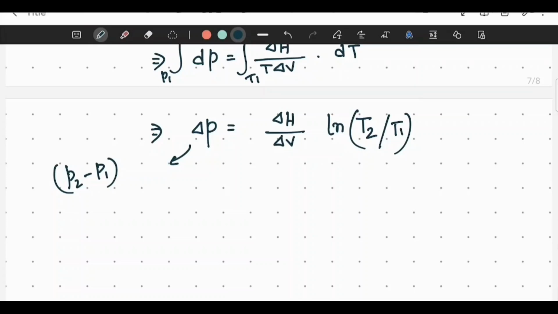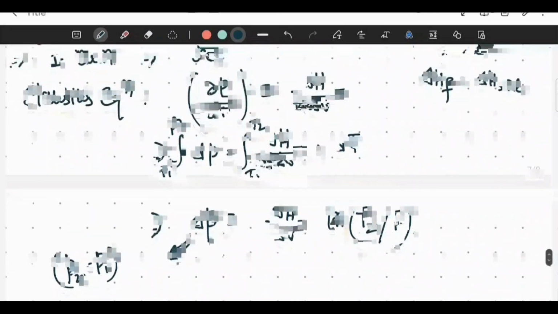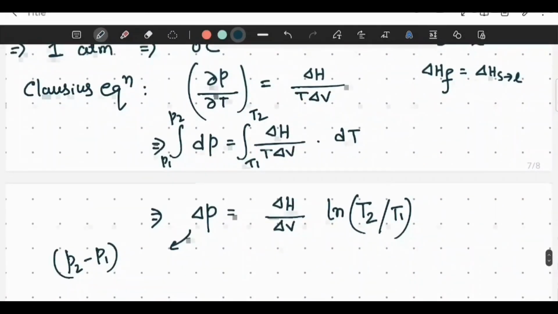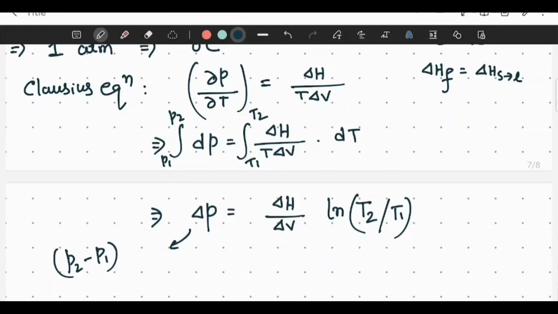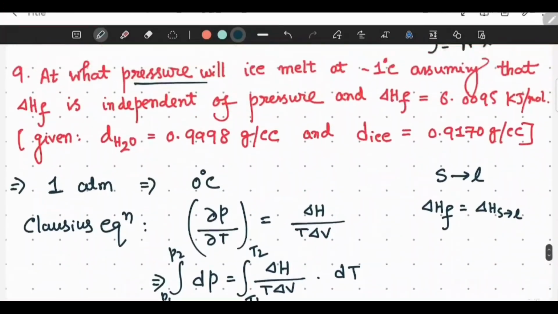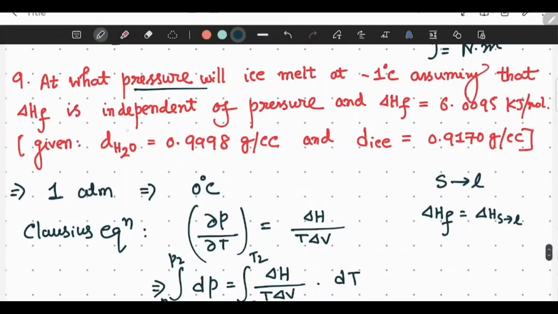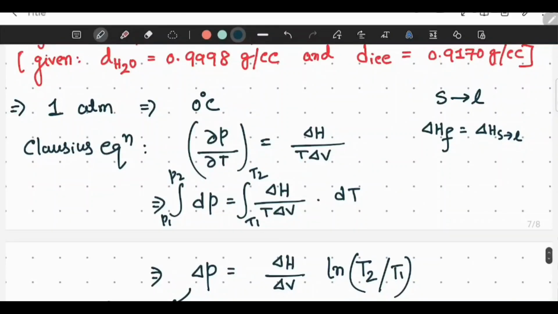If I'm not wrong, yes, I think so. Why can we take del H outside? Because it is considered that it is independent of pressure or temperature, whatever.